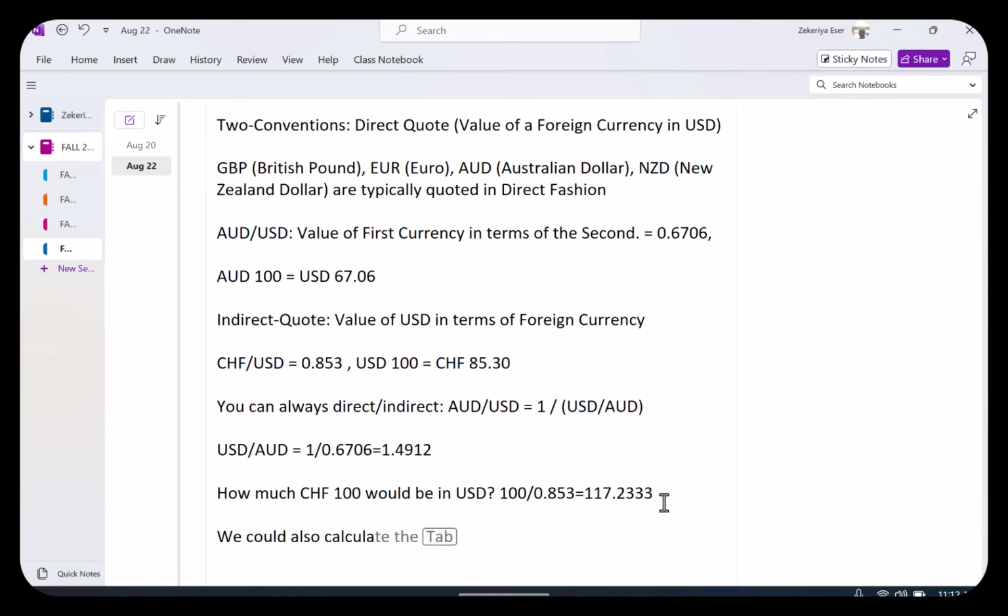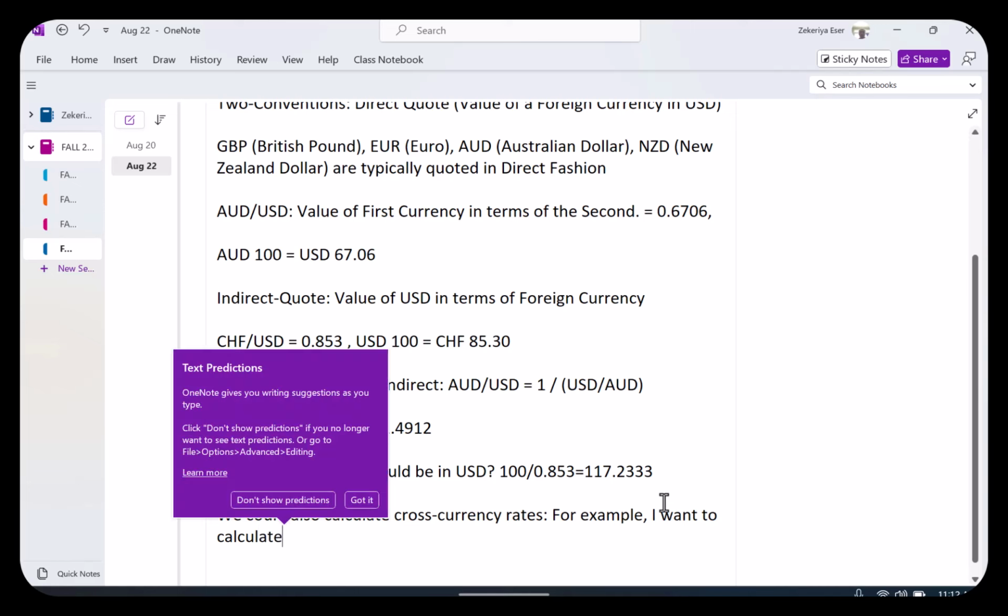Now, you could also calculate cross currency rates. It's a little bit involved, but not too complicated. We will do all of this in Excel anyway, but I just want to go through the motions. For example, I want to calculate CHF/AUD.